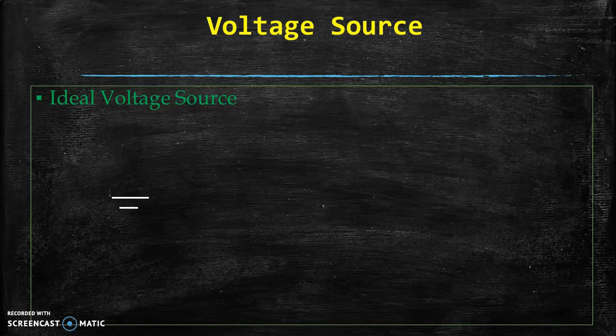We have DC voltage source, that may be a battery, and this is the symbol for the battery. The voltage that is taken at the terminal A and B is indicated by Vs; S we use for the source and V for voltage.